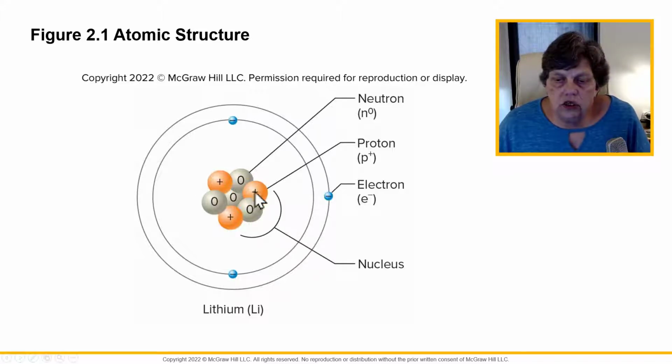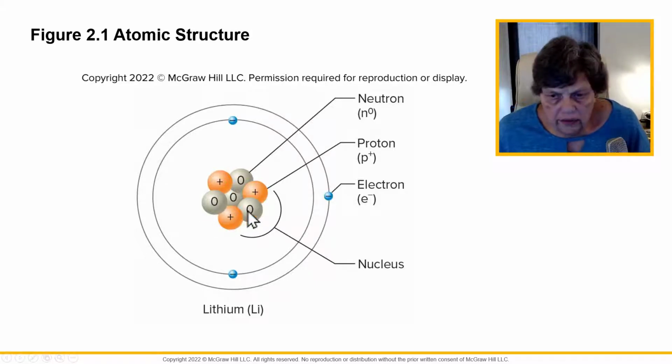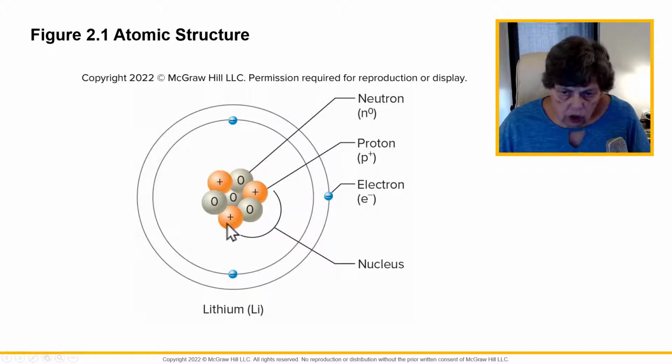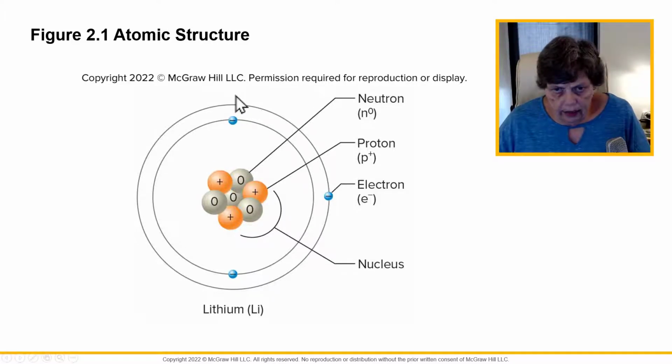This has 3, and it happens to have 4 neutrons, but that's okay because that doesn't have a charge. Around the nucleus are 3 electrons. So you have 3 positive charges, 3 negative charges, so you have a neutral atom.